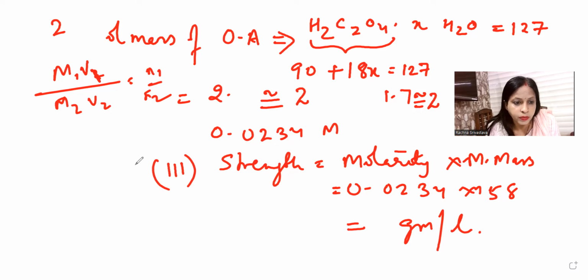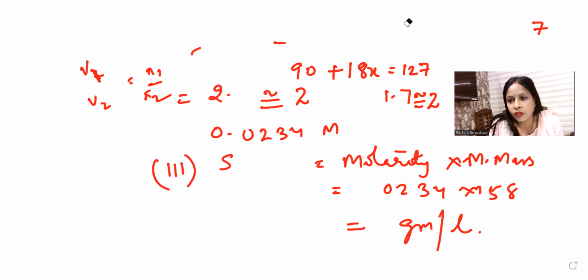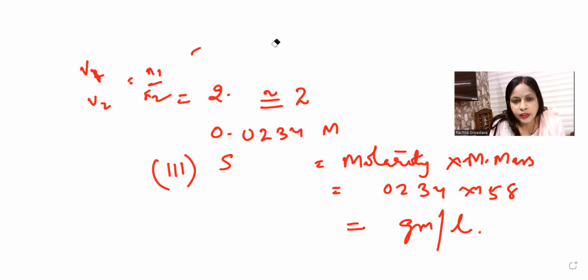Then the fourth part will be the percentage purity. For the percentage purity, again the children miss writing the formula, where the formula is very, very important. They will not give any flexibility while doing the correction. If the formula is missing, then you are losing your marks again.